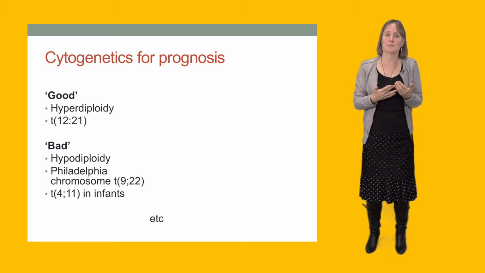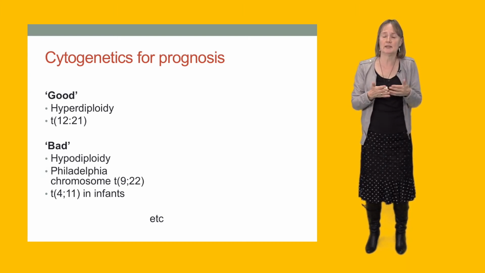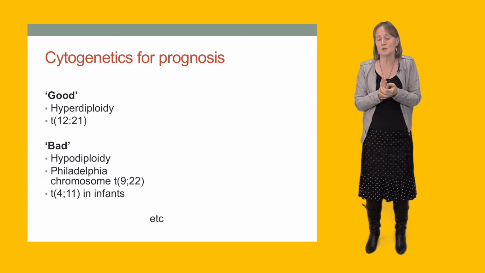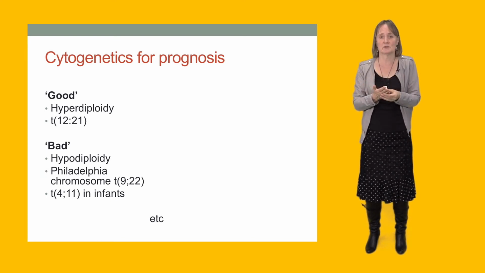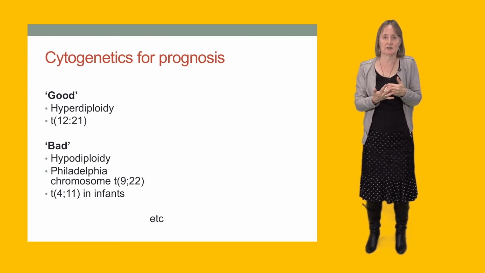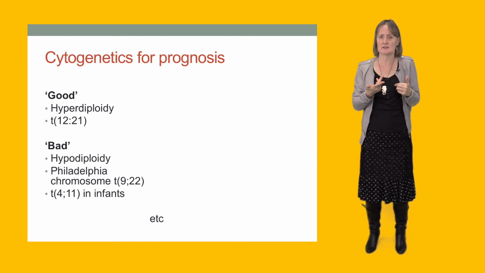So there are some changes that have good prognosis, so hyperdiploidy, too many copies of all the chromosomes, a 12-21 translocation, both of which give good prognostic information. On the other hand, bad prognostic cytogenetic features include having too few chromosomes, having the Philadelphia chromosome, which you will remember is the translocation that we see in chronic myeloid leukemia.